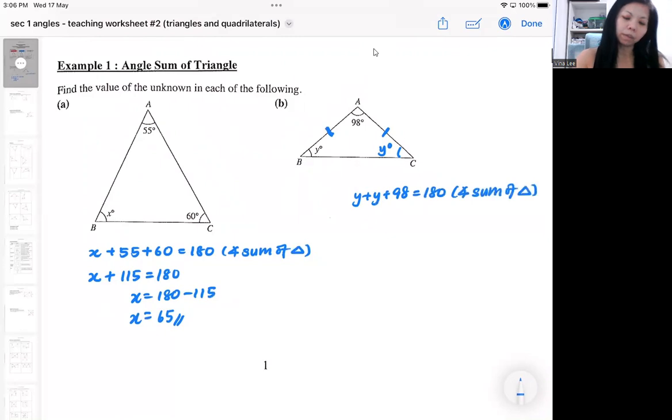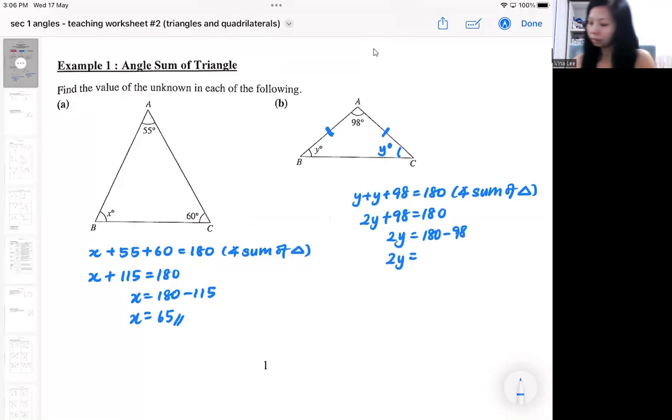So from the angle sum of triangle, we do the algebra as per normal. Subtract 98 from both sides. Okay, divide by 2 on both sides. So that's how we find the value of the unknown.